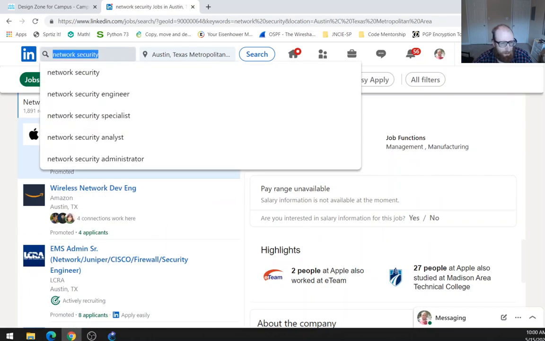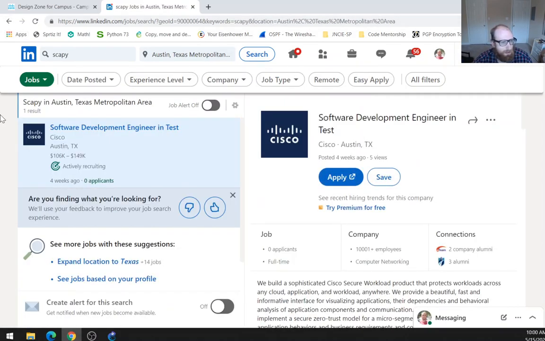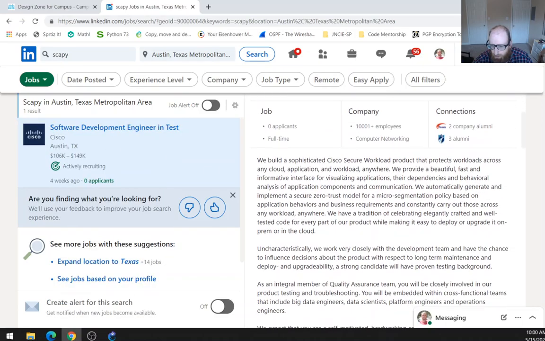So I wonder what's a specific jargon term in network security that would be comparable to learning SD-WAN. So I guess Scapy, because that's a Python library used in network security. So it looks like we only got one result for that.